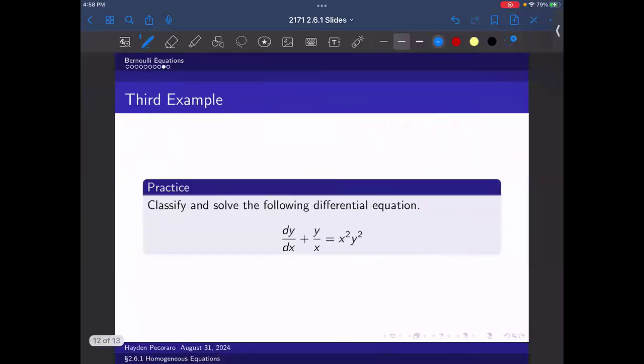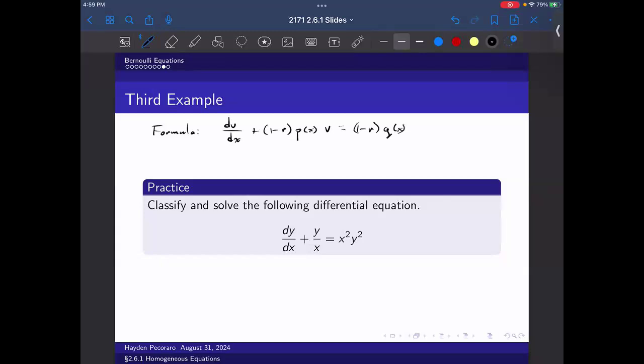Okay. So we have one last example, which I meant to put at the top of the page. Let's try to use our formula for this one. So our formula, once we went through and put all the Bernoulli stuff in, we should get this differential equation: dv/dx plus 1 minus r p times v equals 1 minus r q.